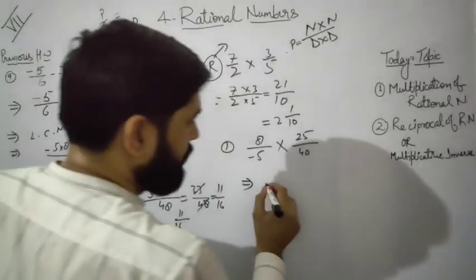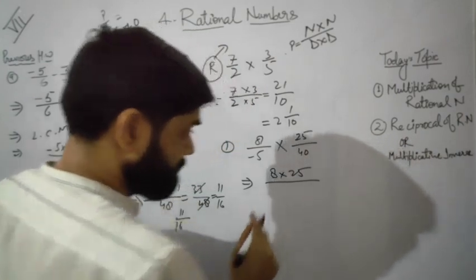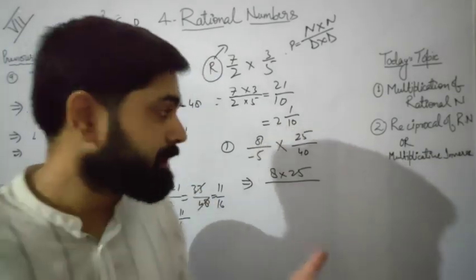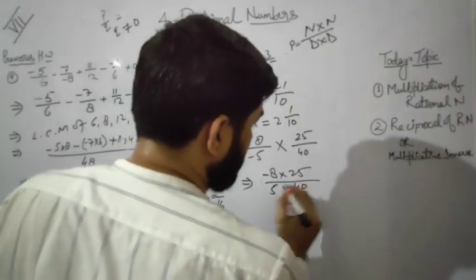So we know how to multiply: numerator multiply by numerator, denominator by denominator. But one thing is here. What? The denominator is given in which form? Negative form. So firstly we write it in a positive form. So it will be minus 8, then 5 upon 40.